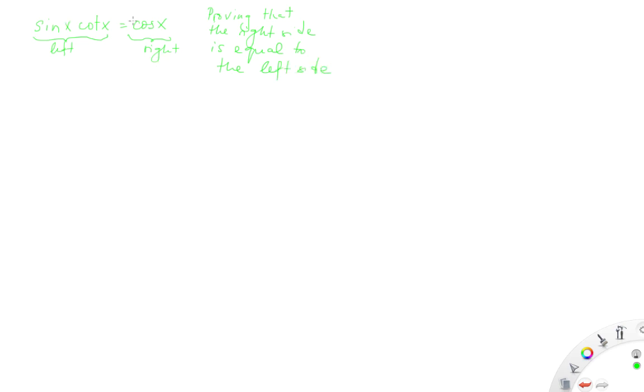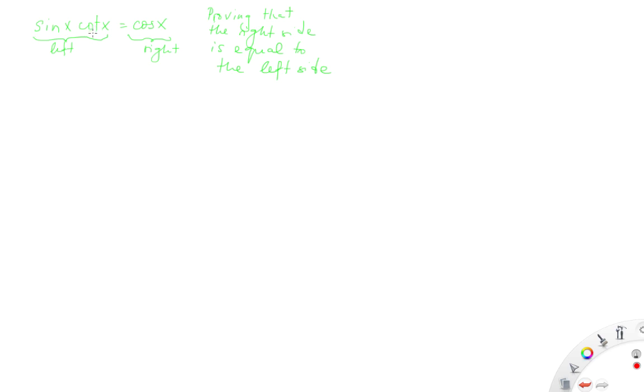To do that we need to change sine of x cotangent of x so that it becomes equal to cosine of x, or we need to rewrite cosine of x as this expression. To do so, we will need to use some of the identities we already learned about. On this side I have cotangent of x, but on this side I don't. So I'm going to try to rewrite cotangent of x as sine and cosine.